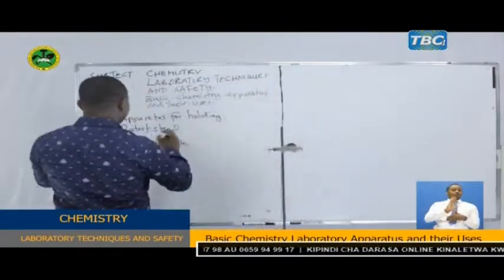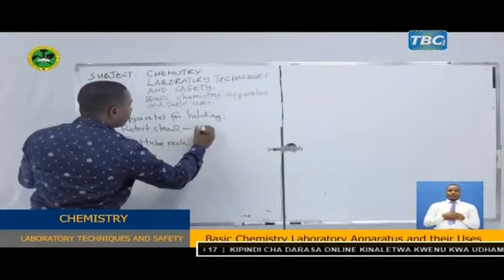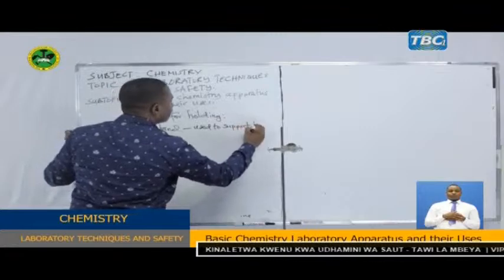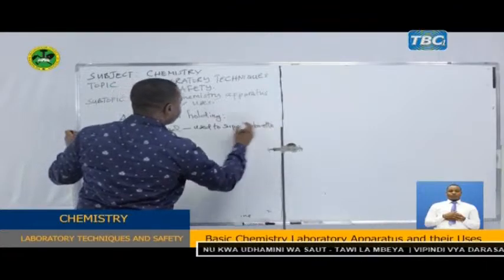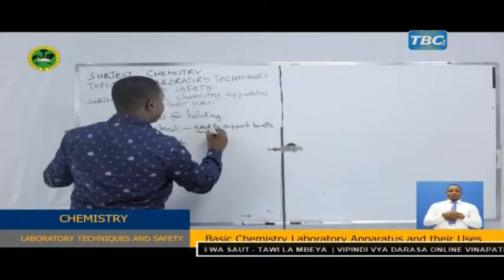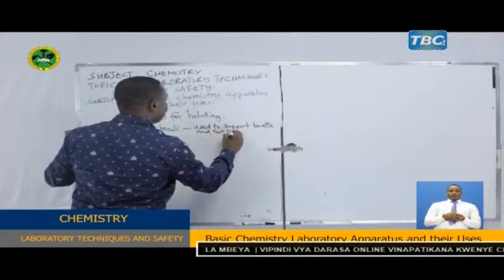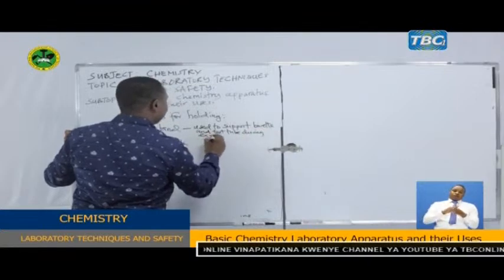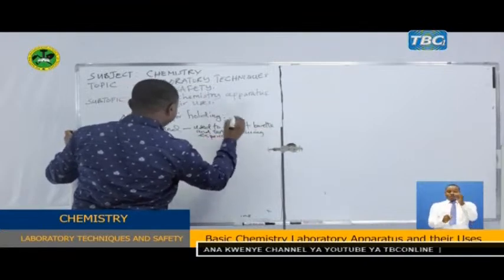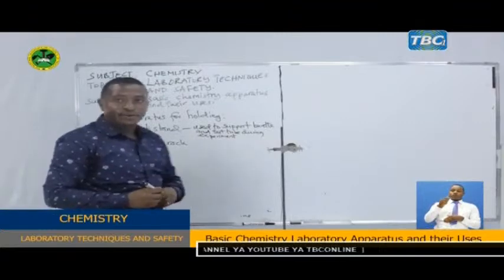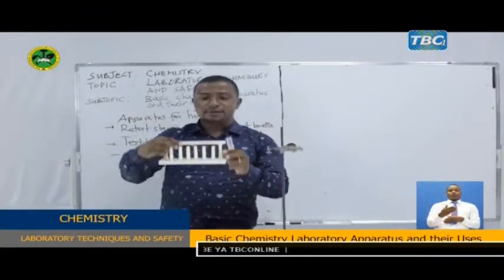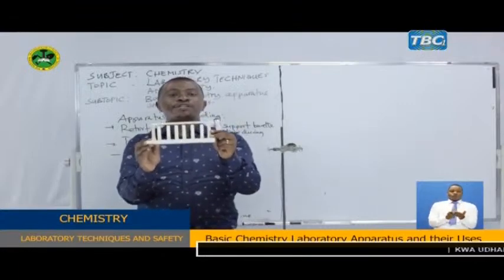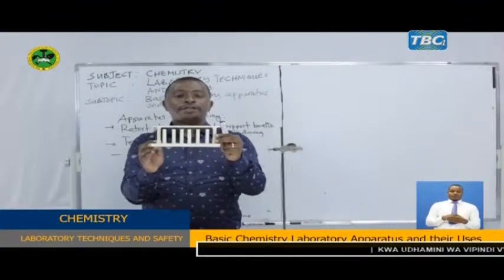So we have the other one which is known as a test tube block. It's this one here. It is used to store and support test tubes in an experiment.